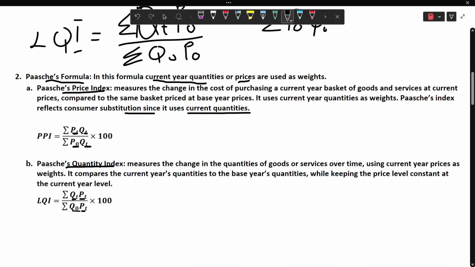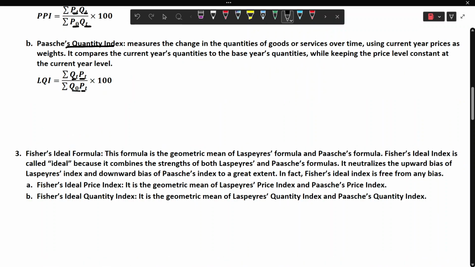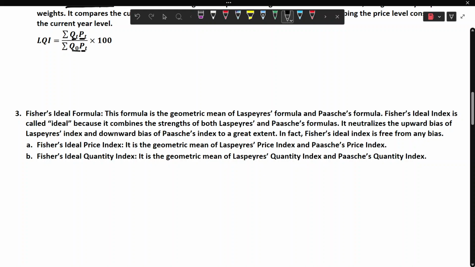Another aggregative method we are going to consider is Fisher's ideal formula. This formula is the geometric mean of the Laspeyres formula and the Paasche formula. Fisher's ideal index is called ideal because it combines the strengths of both.